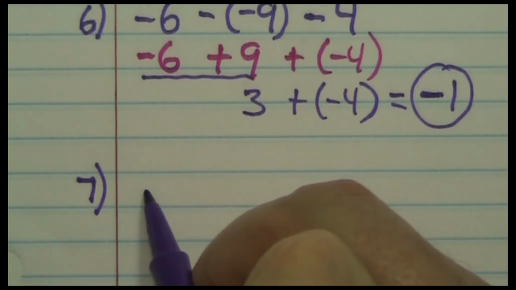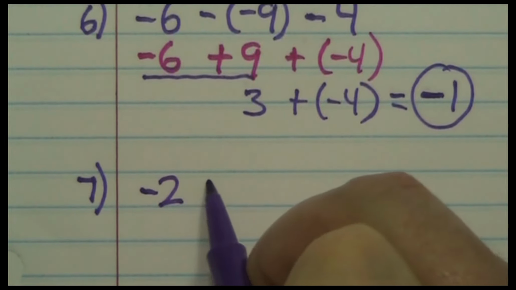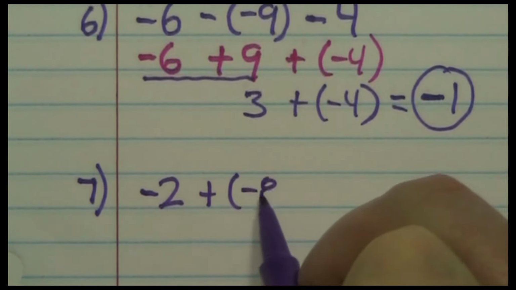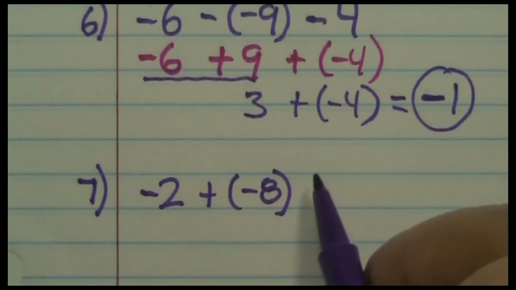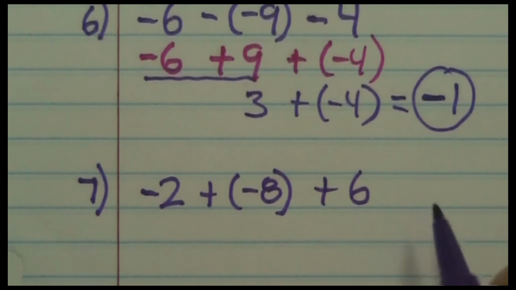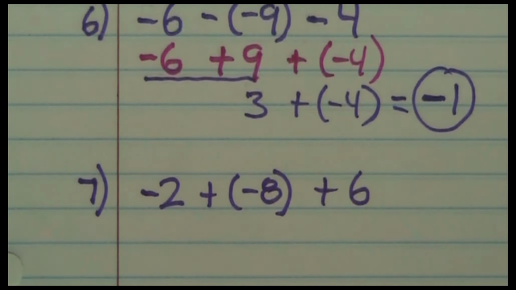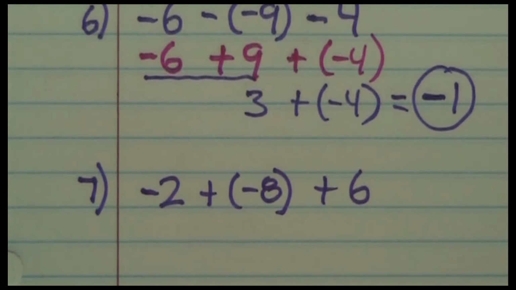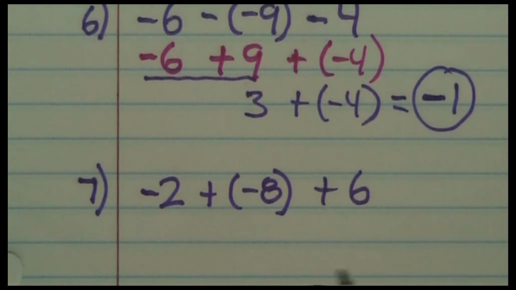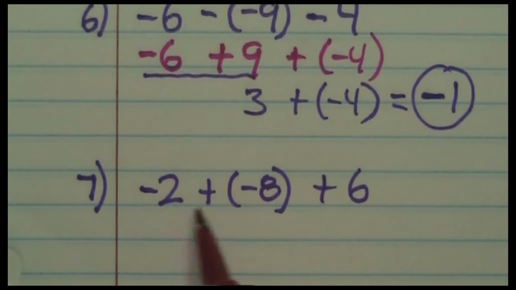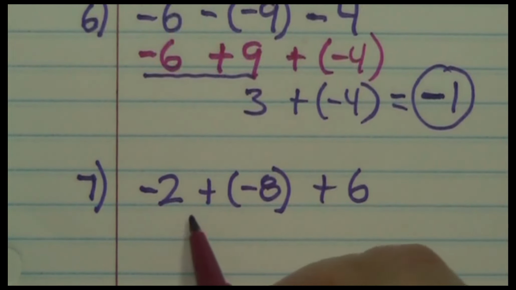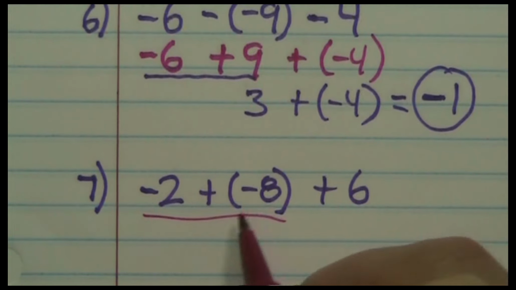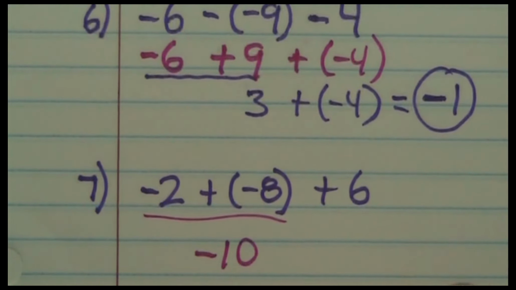Number 7 is -2 and -8. See, that's nice because it's already separated for us. And 6. So we can do these 2 first, going left to right. -2 and -8. These 2 together makes -10. 10 negatives. 2 negatives and 8 negatives.